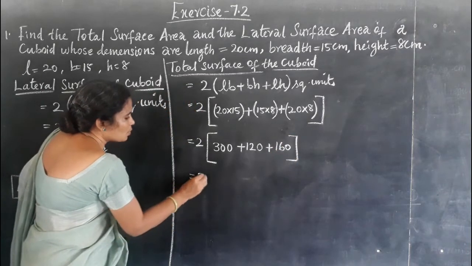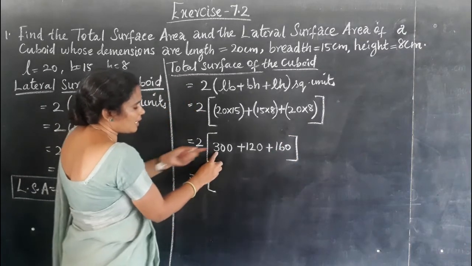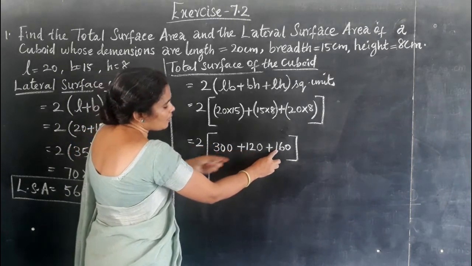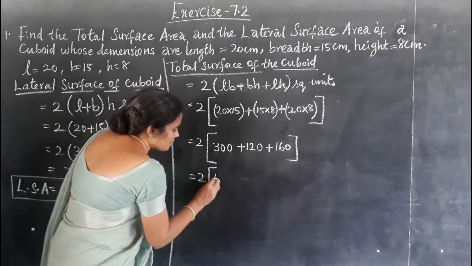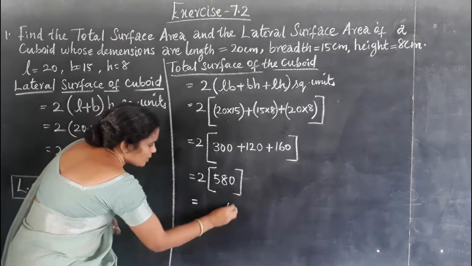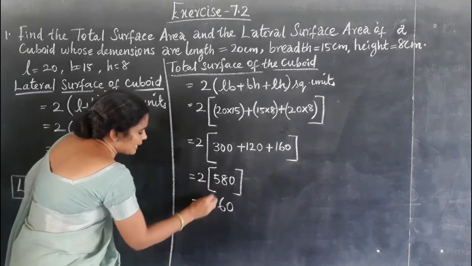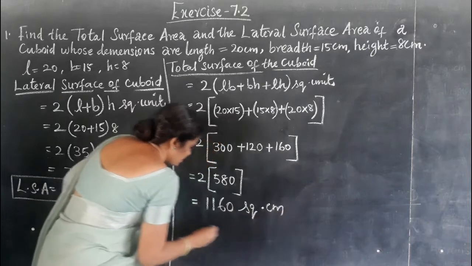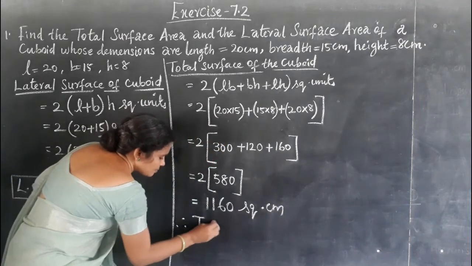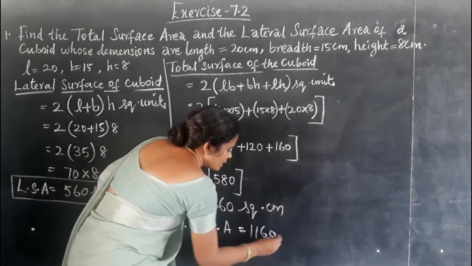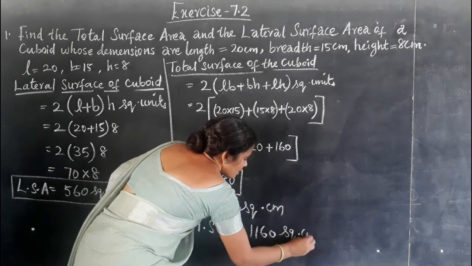So now 300 plus 120, 420 plus 160, 520, 580. 2 zeros are 0, 8 2s are 16, 1, 5 2s are 10, 11. So TSA is equal to 1160 square centimeter.